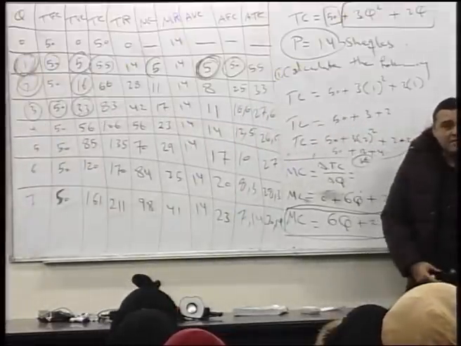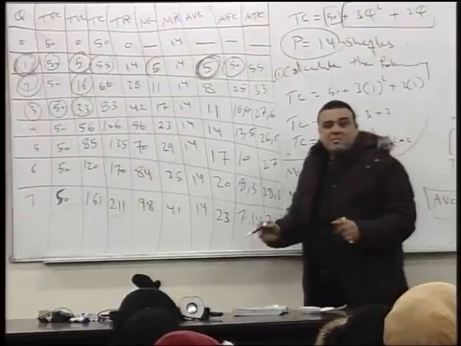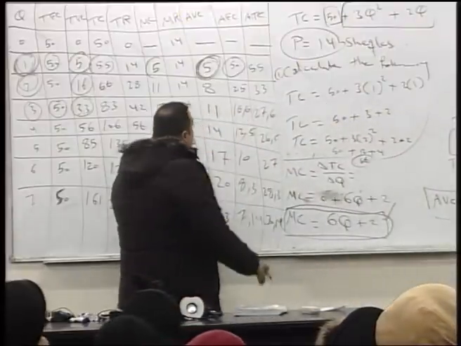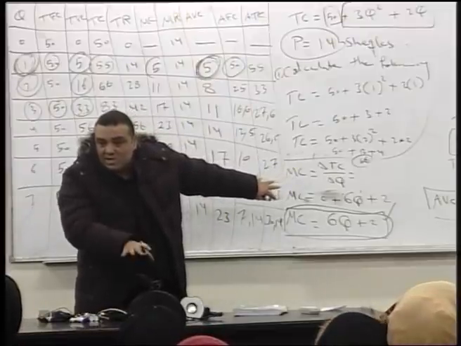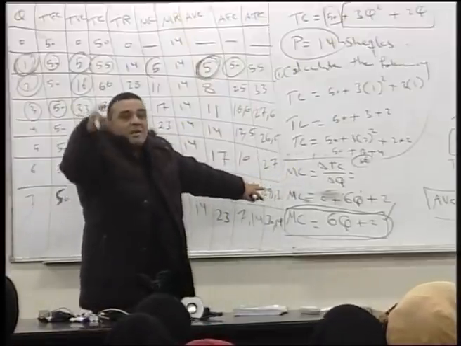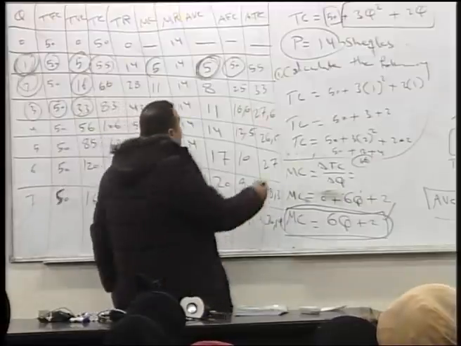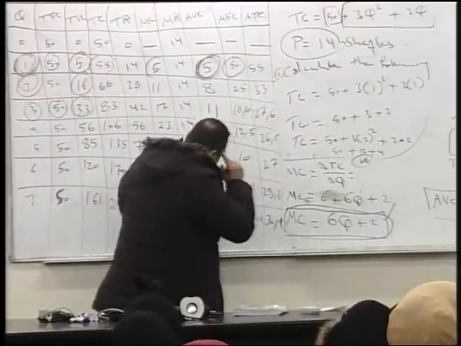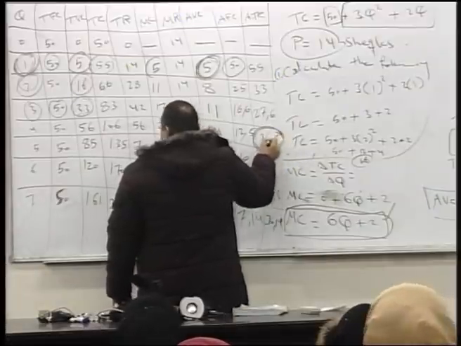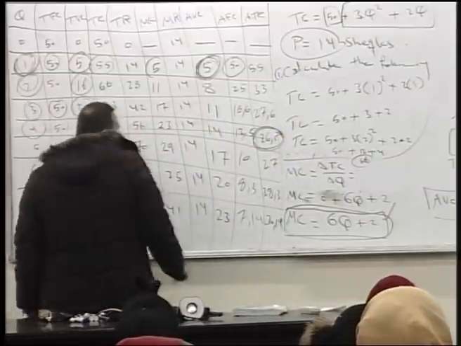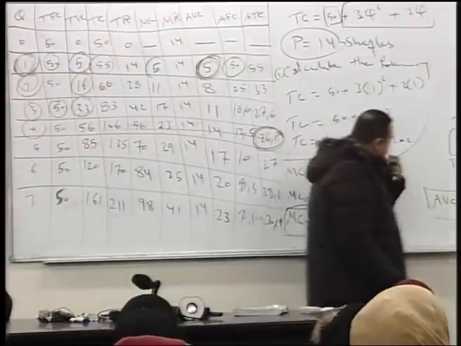Where's the break-even point? The minimum ATC. That means where price equals total revenue equals total cost, so I look for the minimum ATC. Where's the minimum ATC? At Q equals 4.